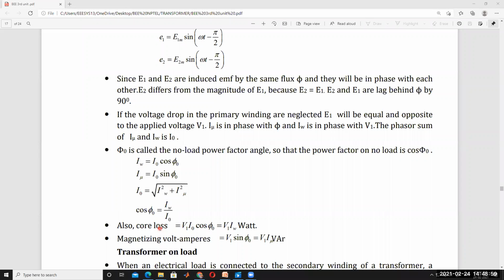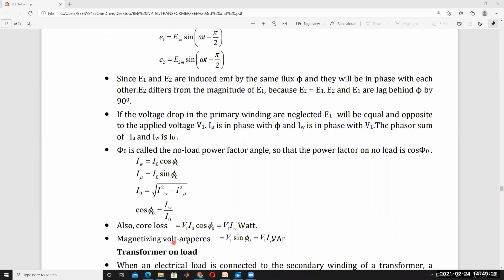Core loss in the transformer is V1 I0 cos φ0, that is, V1 Iw. This is called core loss under no load condition. Because of the core, some amount of losses are there.